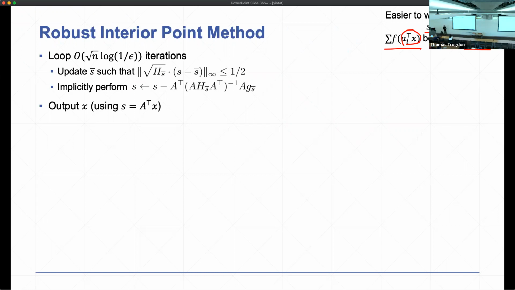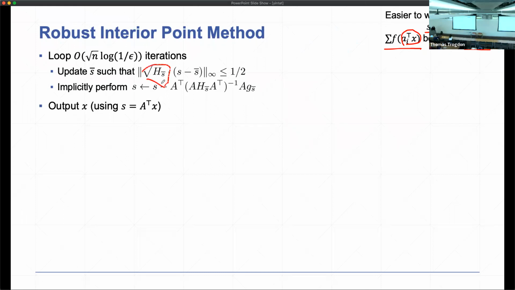The only difference is that every step, instead of computing the Hessian and gradient at your current S, you find some approximation of S, which we call S bar. The crucial thing is you can think this term is a normalization, so you can kind of ignore it.